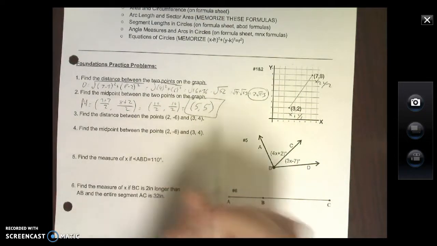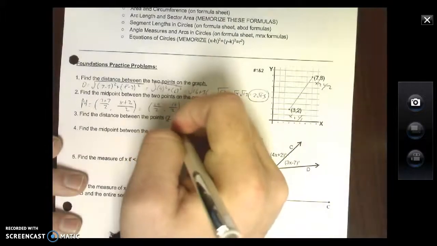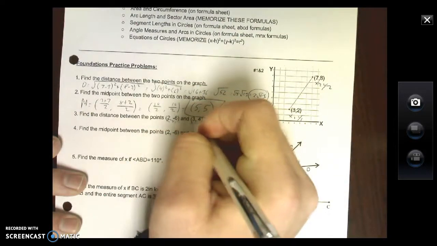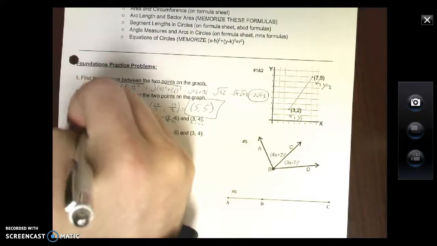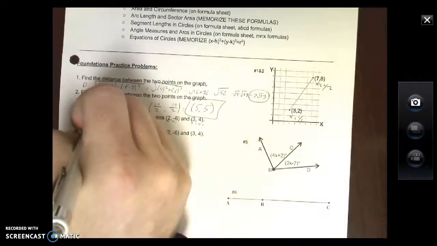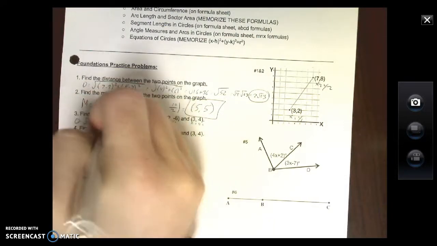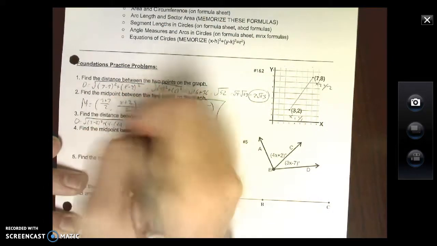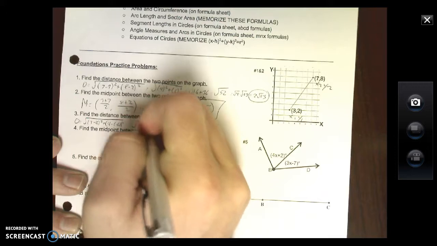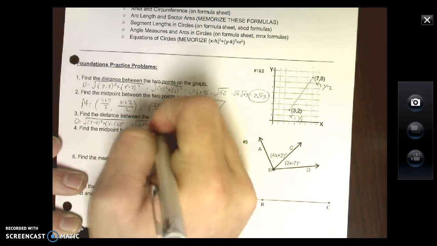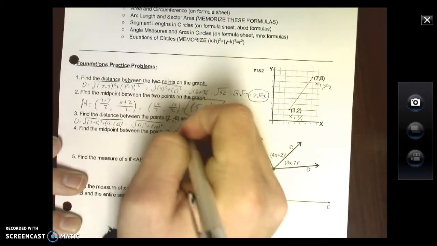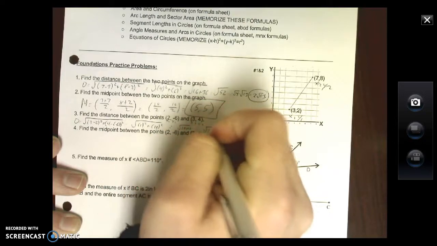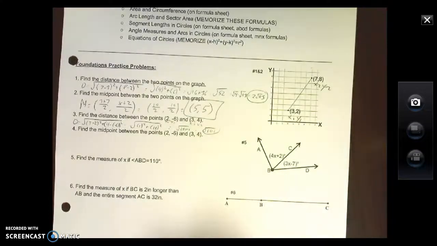All right. Let me show you guys these next two just real quick as well. x sub 1, y sub 1, x sub 2, y sub 2. So I got 3 minus 2 squared plus 4 minus negative 6 squared. So we're looking at 1 squared plus 10 squared, which equals square root of 1 plus 100, which is square root of 101. That's all it is.